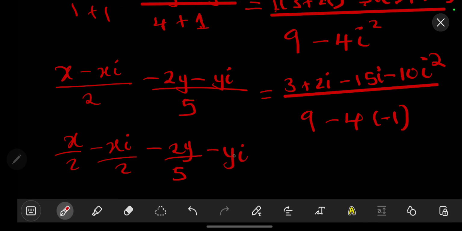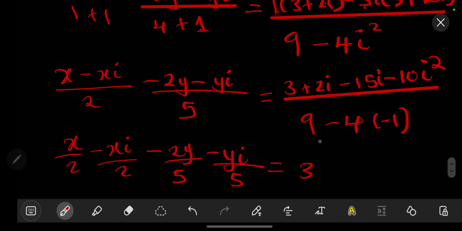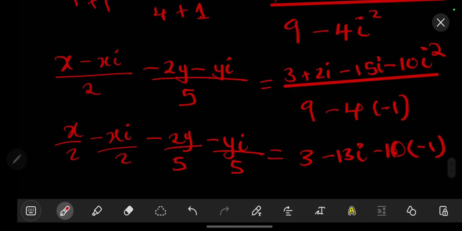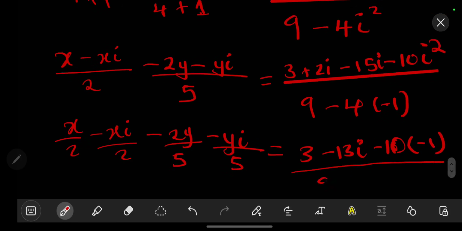Minus our yi over our 5 like that, should be equal to, we have a 3. 2i plus minus 15i, it will be minus 13i. Then I squared will give us, so we have minus 10. I squared will give us a negative 1 like that. Then we have over 9. Negative by negative, it will be positive 4 like that.